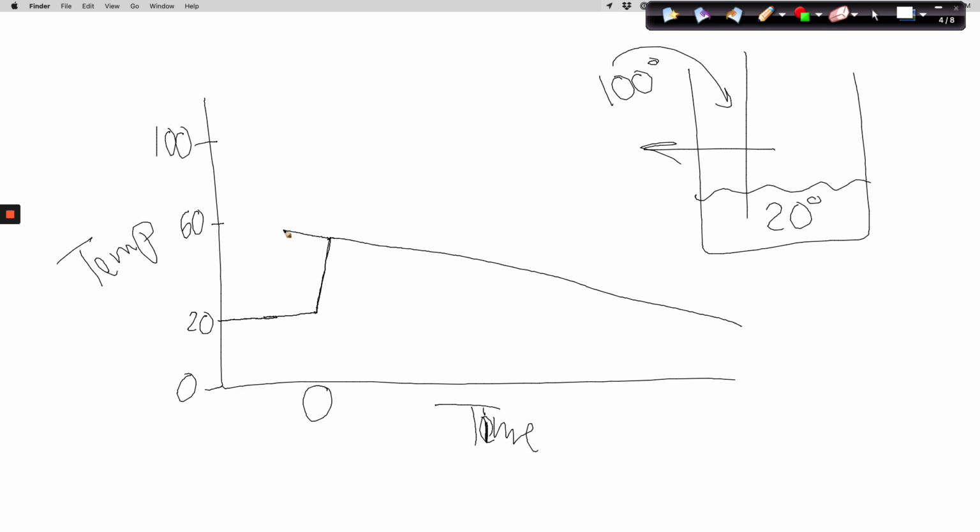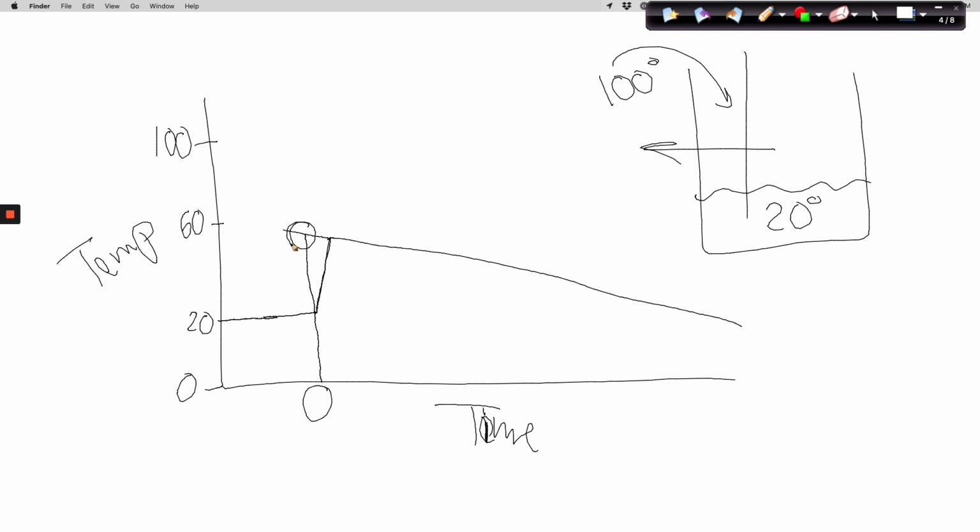This is actually what's happening. At time zero, when we dumped in the hot water, had we not lost any energy to the room, the temperature in theory would have spiked to right there. That accounts for the energy that's lost to the room during the entire process. Get it?